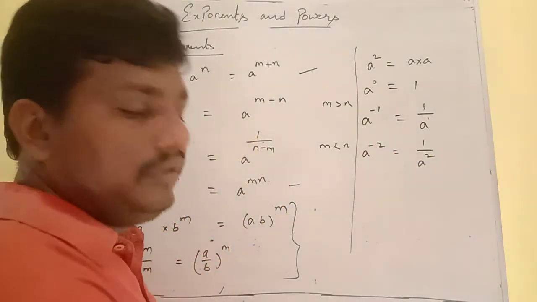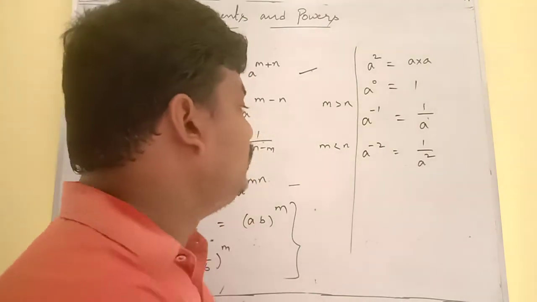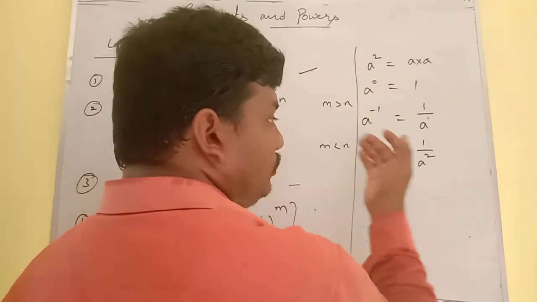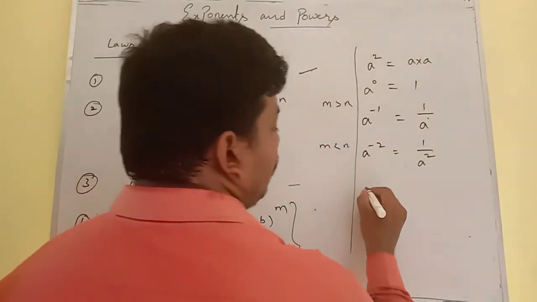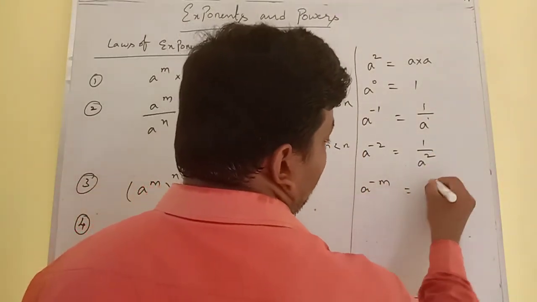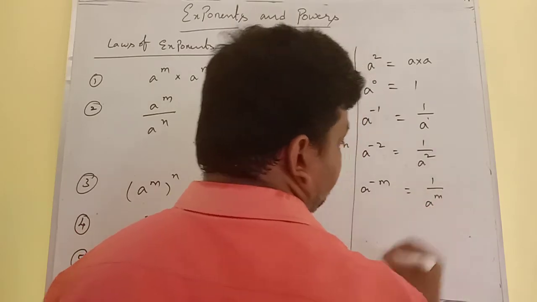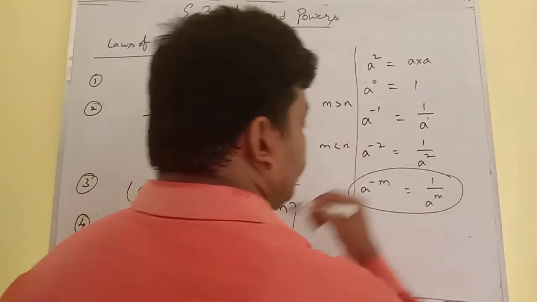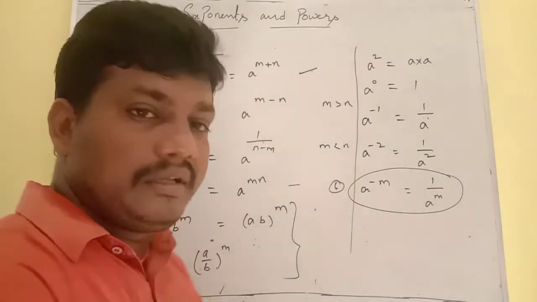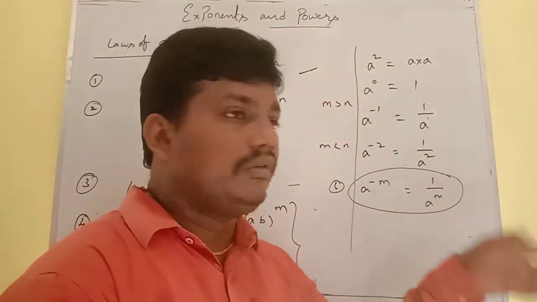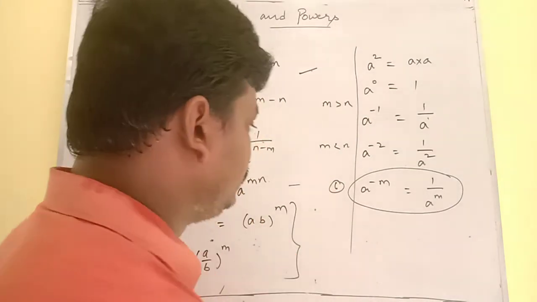Negative powers mean we take the denominator. That is, a power minus m can be written as 1 by a to the power of m. This is another formula from the laws of exponents.